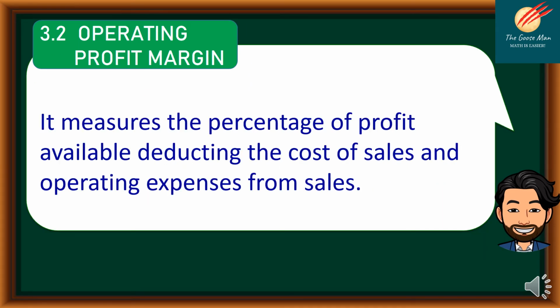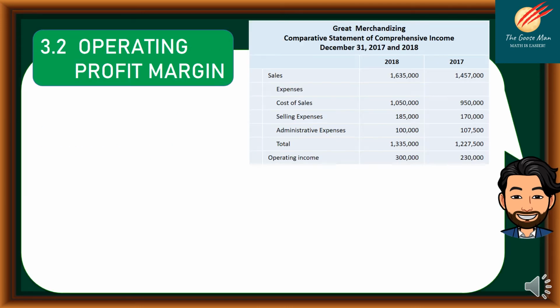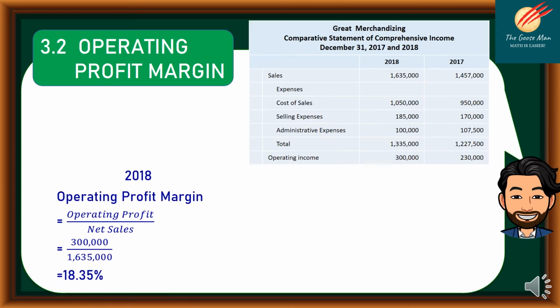The next ratio is operating profit margin. It measures the percentage of profit available after deducting the cost of sales and operating expenses from sales. So again, let's consider here operating profit margin. This is equal to operating profit divided by sales.